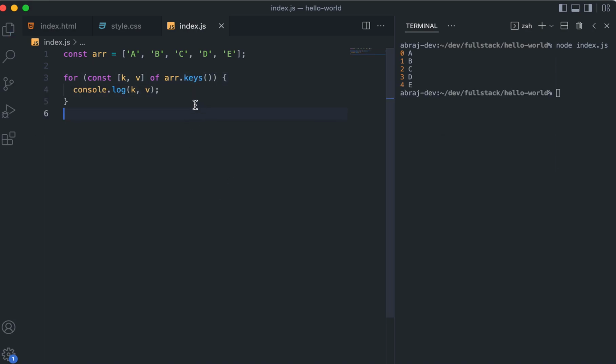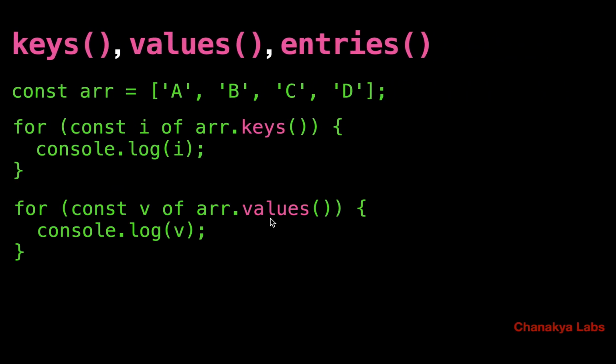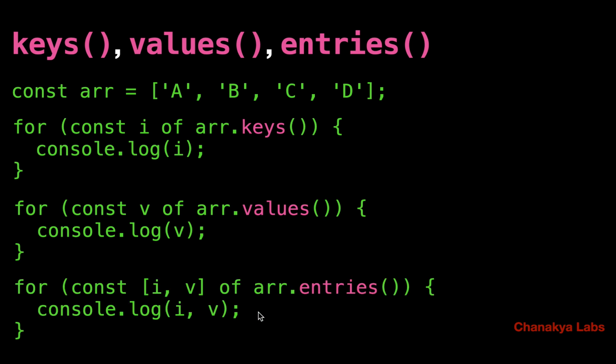Because if you are trying to go through some keys, this is available. But most commonly keys, values and entries are used on objects rather than on arrays. But again, it is available, that's why you should know that this happens. So keys, values, entries, all these things are available, and you can use for of to iterate over them, as I showed you earlier.